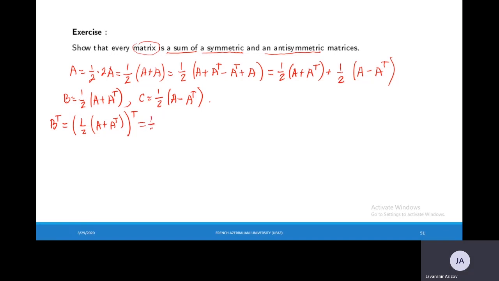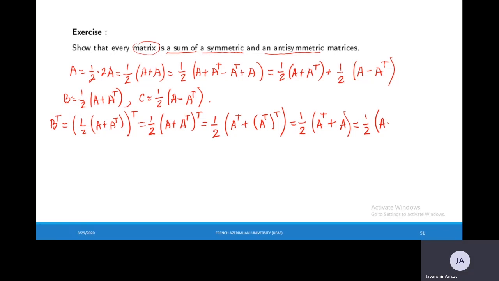It will be 1 over 2 times the transpose of A plus the transpose of the transpose of A, which is equal to 1 over 2 times the transpose of A plus A itself, which is equal to 1 over 2 times A plus the transpose of A. As you see, this expression is B itself.